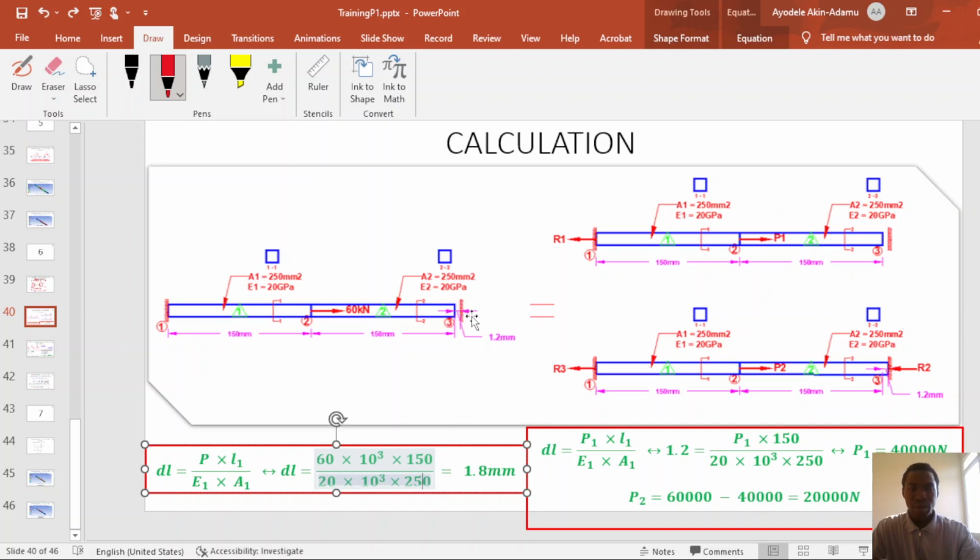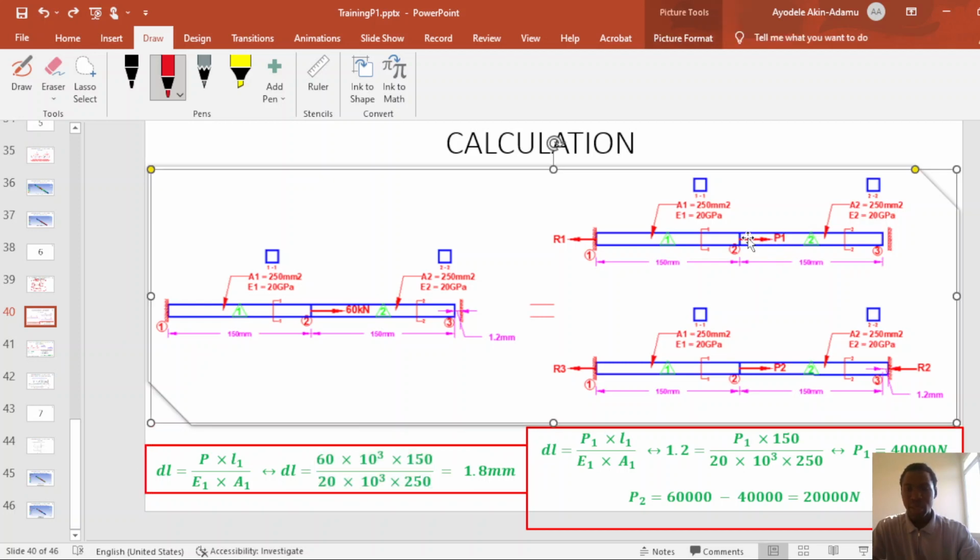The force that stretches the body to that point, let's call it P1. So in this diagram, P1 stretches this body just to touch this support.